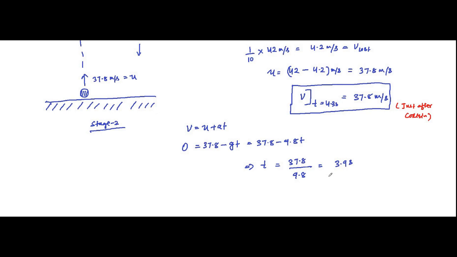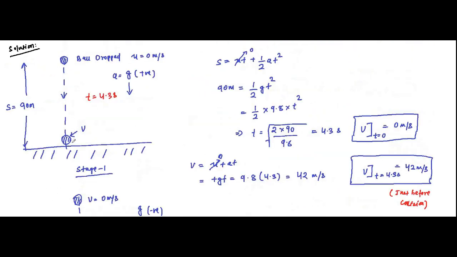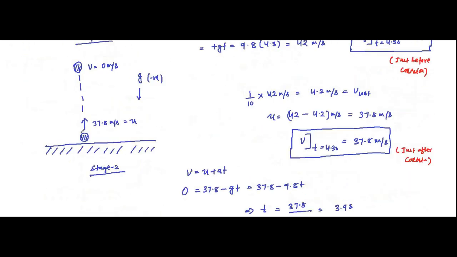So here 3.9 seconds means we are considering stage 1, 0 to 4.3 seconds, the first collision.